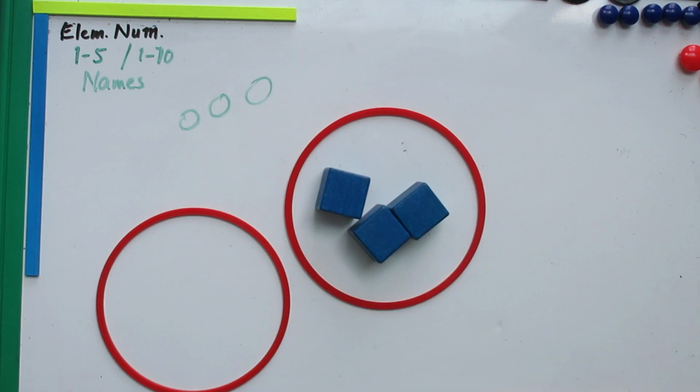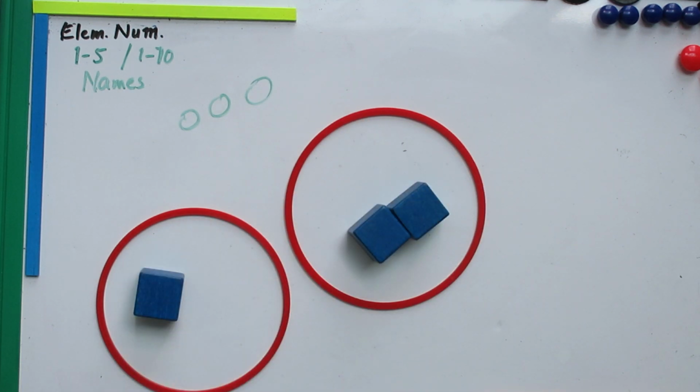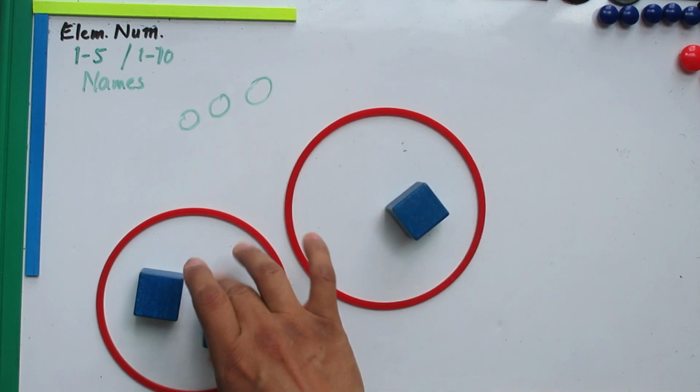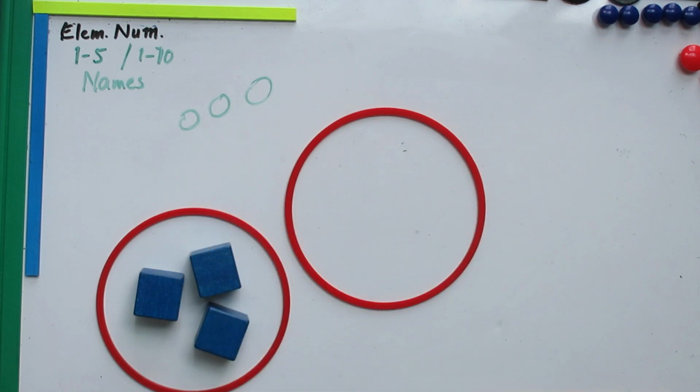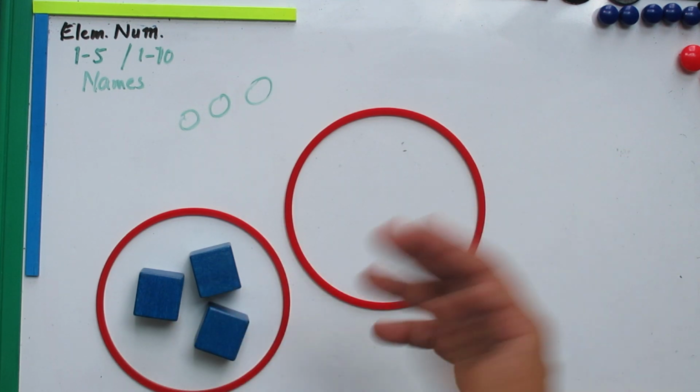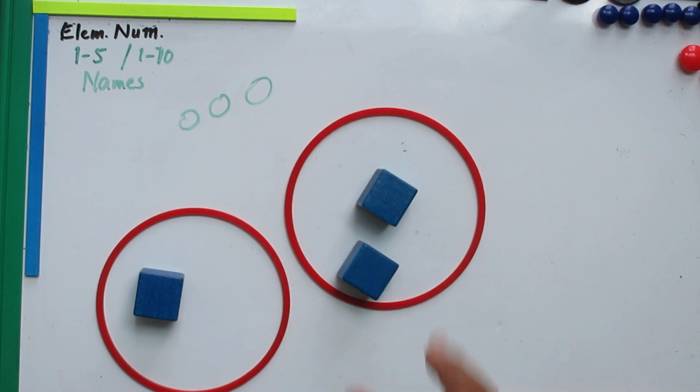It can be like this, like this, like this. This becomes a story of 3. 3 can be this, 3 can be this, 3 can be this. This gives them an understanding that we can break a set into parts and it still remains the same.